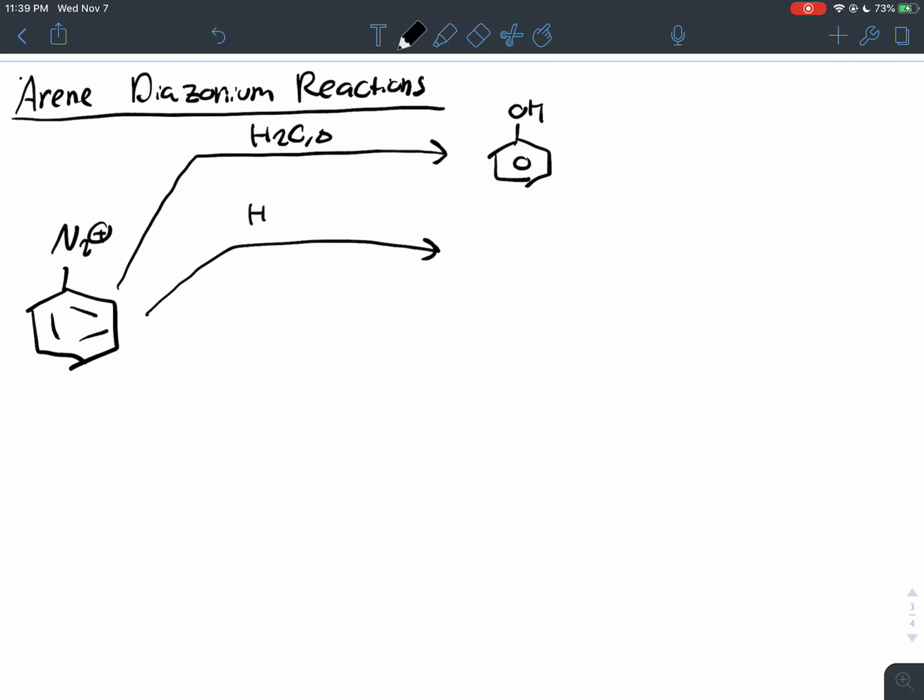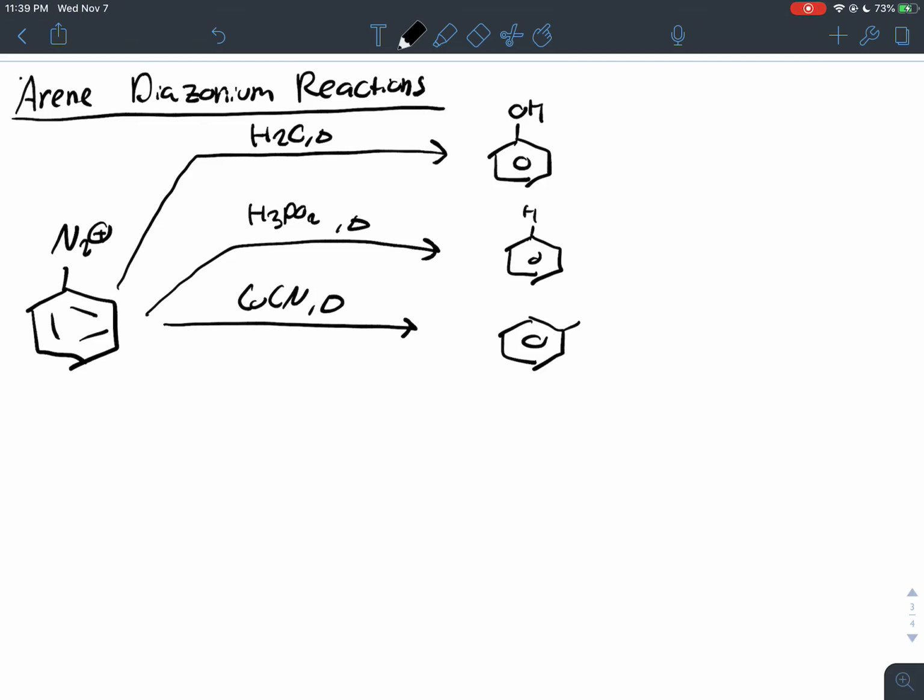If we have H3PO2 and heat, we simply get the arene with H. CuCN and heat gives a cyanide group. Notice how this adds a carbon, plus COO derivatives, so you can do a lot of things with that.